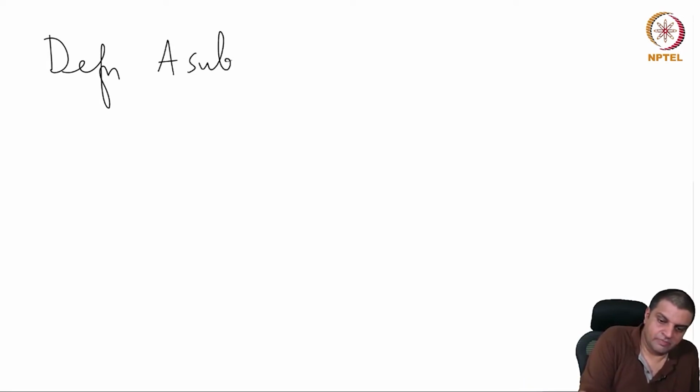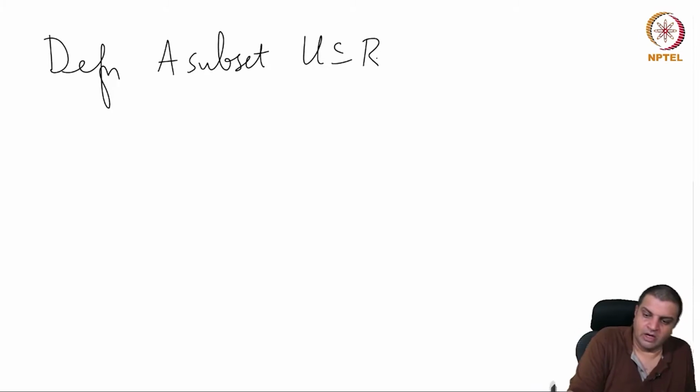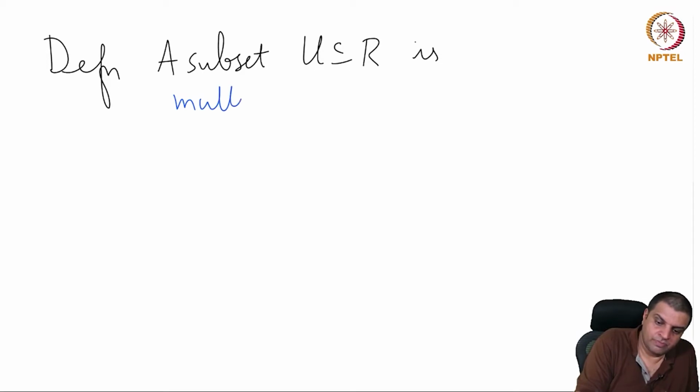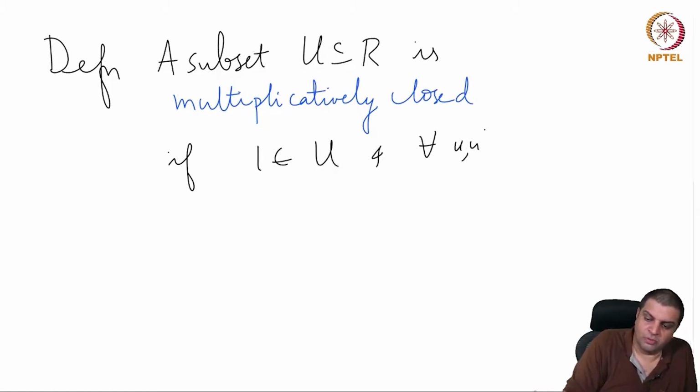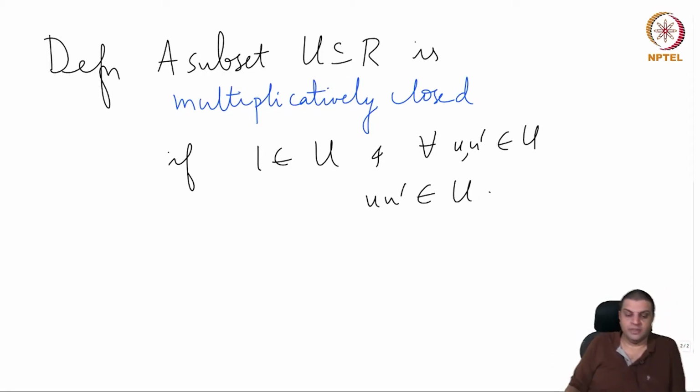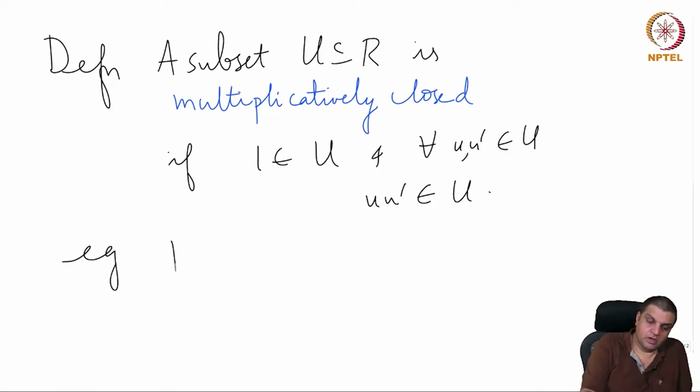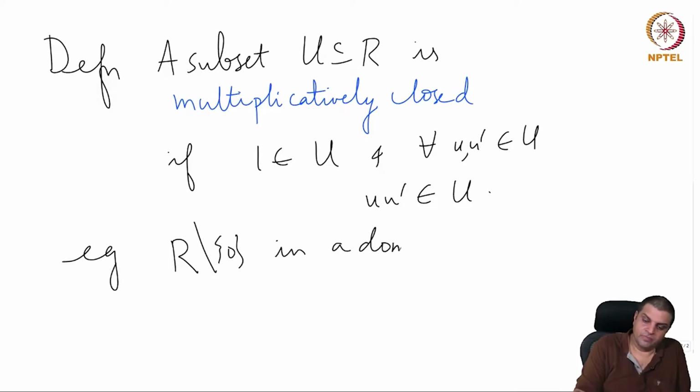A subset U of R, a ring, is multiplicatively closed if 1 is inside U and for all U and U prime in U, the product U U prime is inside U. For example, the non-zero elements in a domain, for example, the non-zero integers.